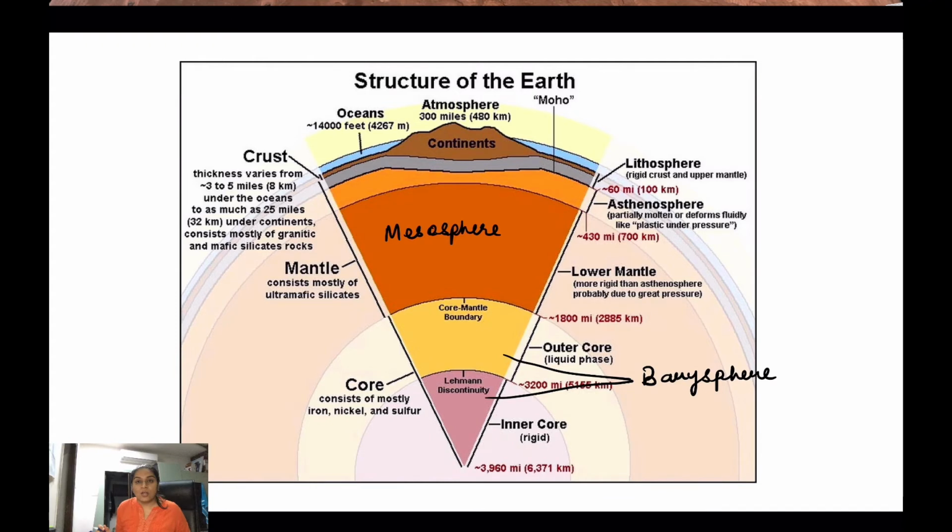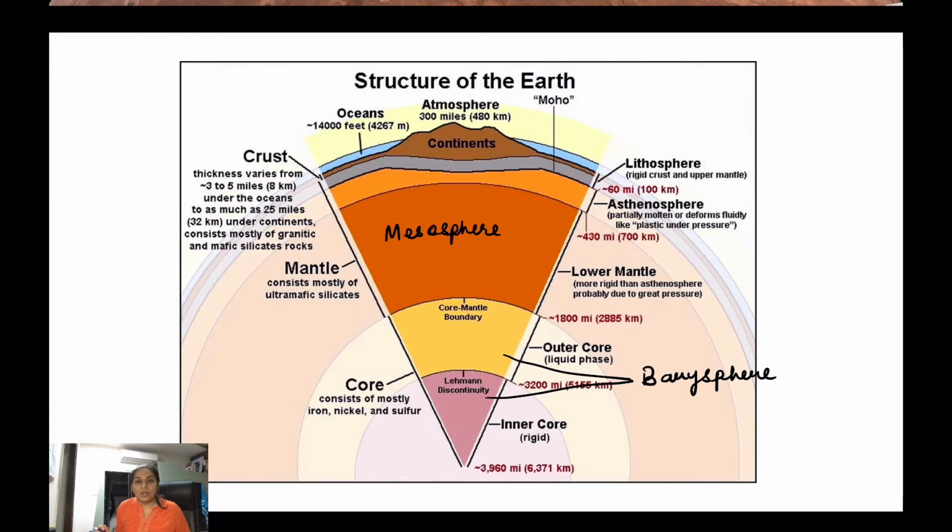One thing that we need to certainly remember is that the asthenosphere does not start directly from the upper mantle. Some part of the upper mantle also goes in the lithosphere, and not even the complete upper mantle, only some part of the upper mantle goes in the lithosphere.